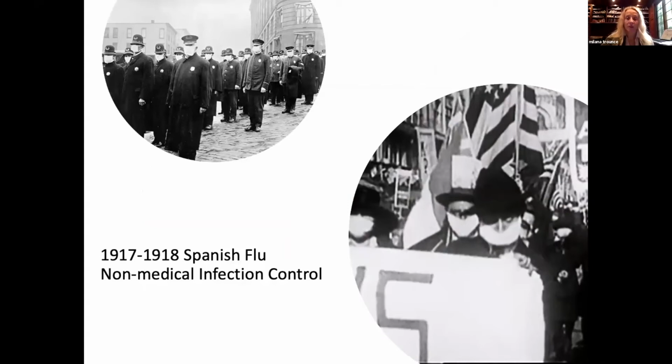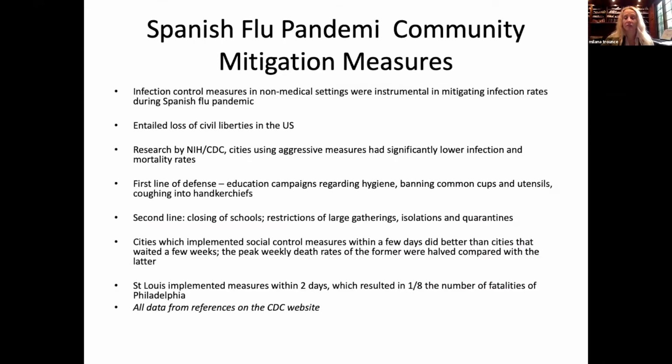It's non-medical. With Spanish flu, there's a lot of data on the CDC website of how these kinds of community mitigation measures, and this is what you can Google and search under, community mitigation measures, were used, and they were found to be useful to the point that they saved a lot of lives. And they did entail the loss of civil liberties in the US.